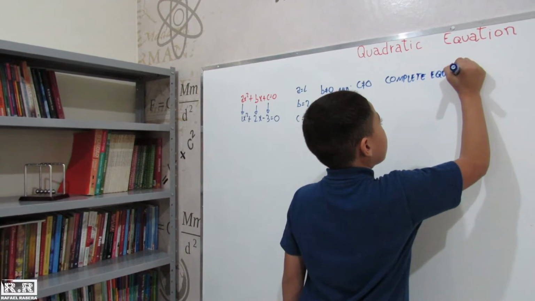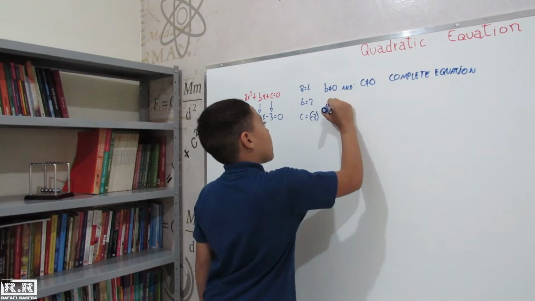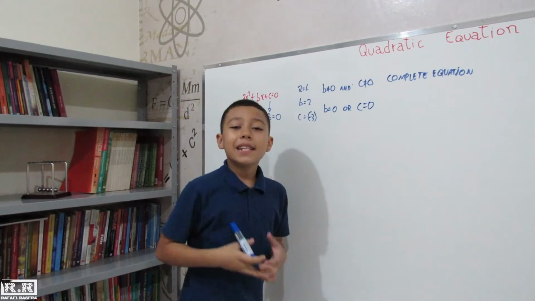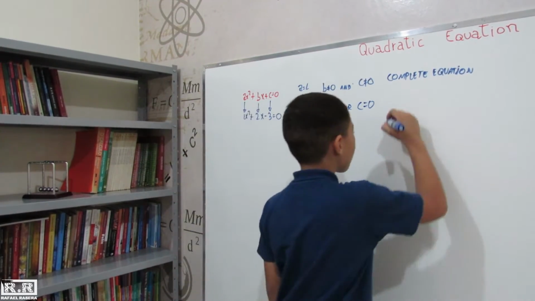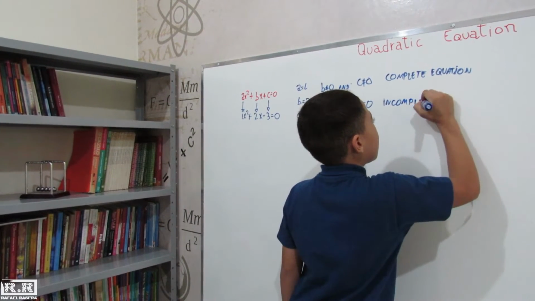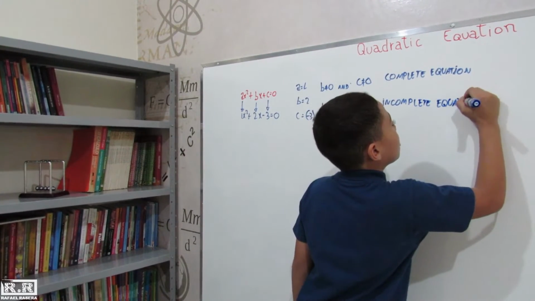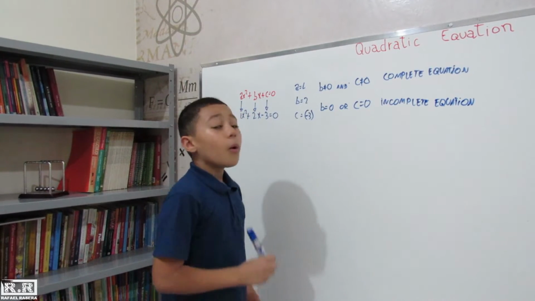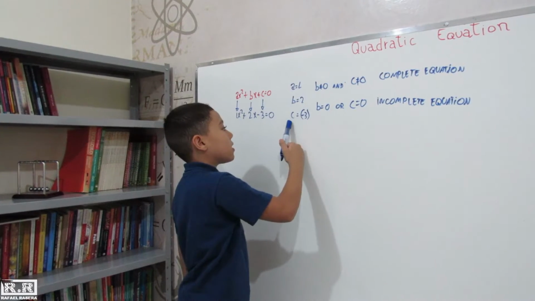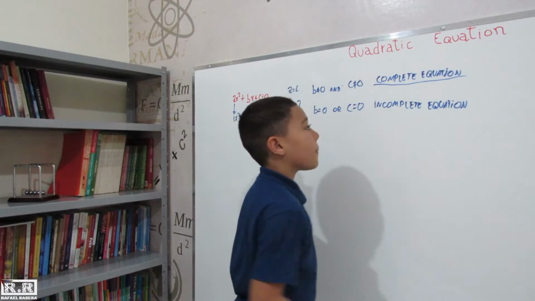When b equals 0 or c equals 0, it is an incomplete equation. Well, b is not equal to 0 and c is not equal to 0. b equals 2 and c equals minus 3. In this case it is a complete equation.